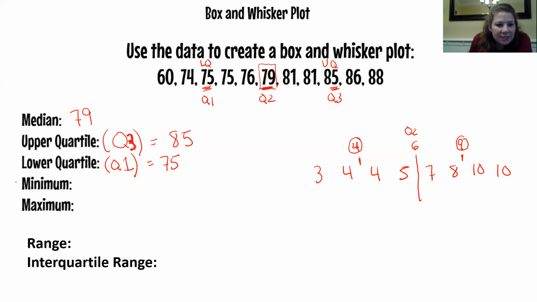These next 2 words are pretty self-explanatory. The minimum, the smallest number, is 60, and our biggest number over here is 88. Once you have your data, now you can make your box and whisker plot. However, 2 other words you're going to need to know are the range of your whole set of data and the interquartile range.